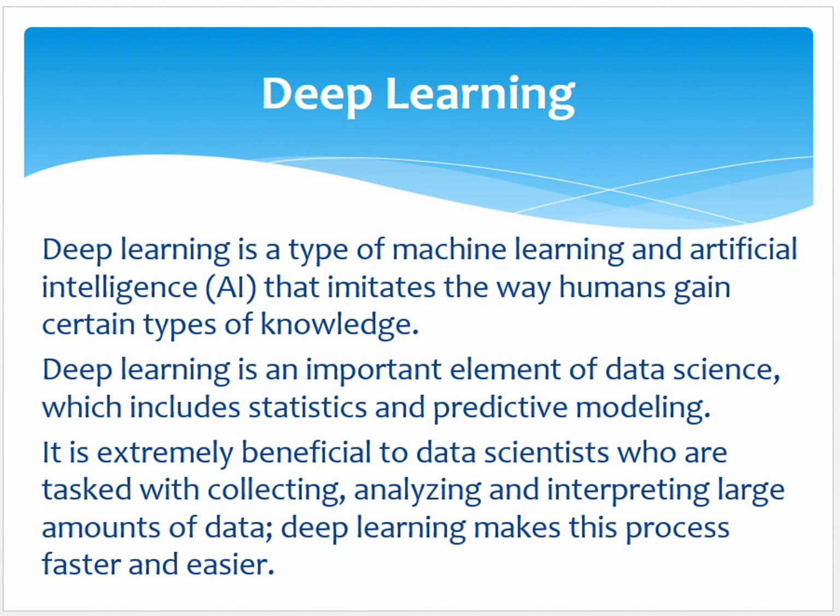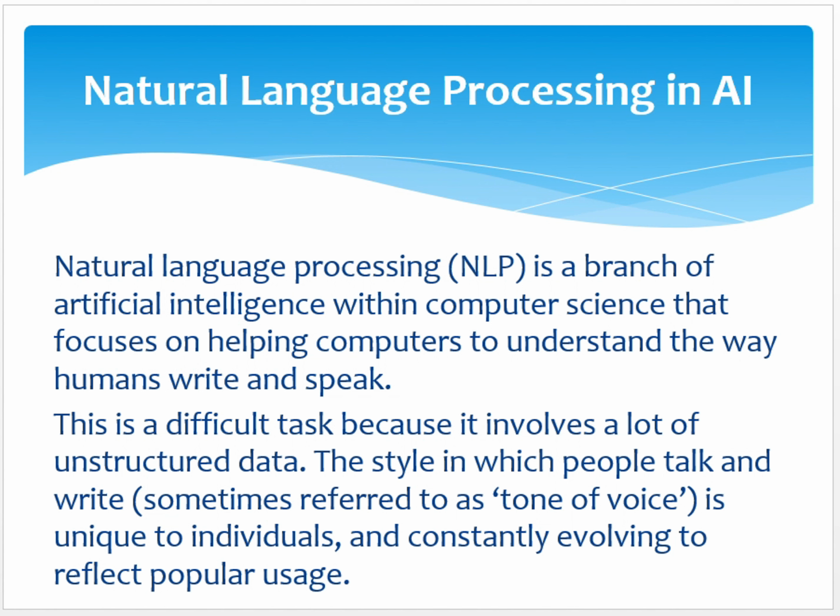We also have natural language processing in AI, NLP. It's also under artificial intelligence in computer science that helps computers to understand how humans write and speak. So it's a concept that is like mimicking how the human mind is able to speak and write.